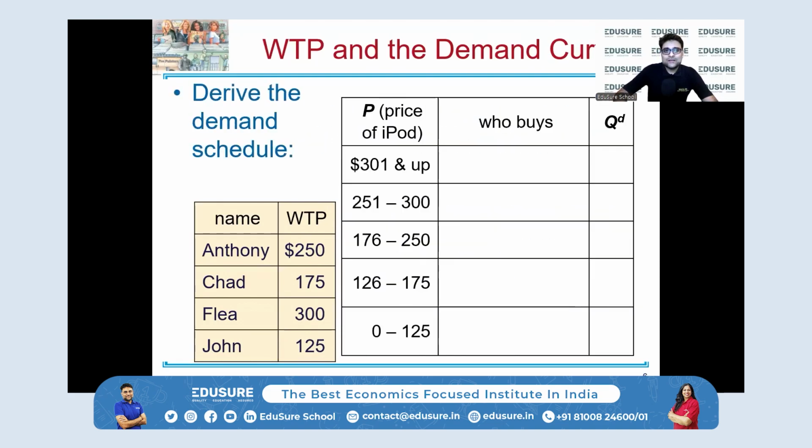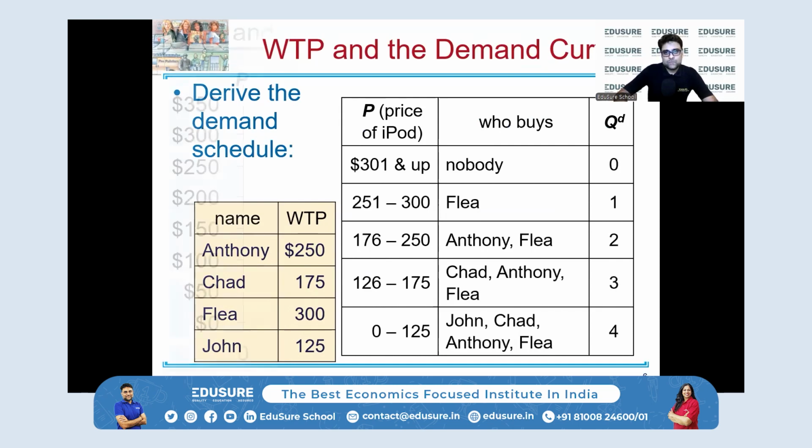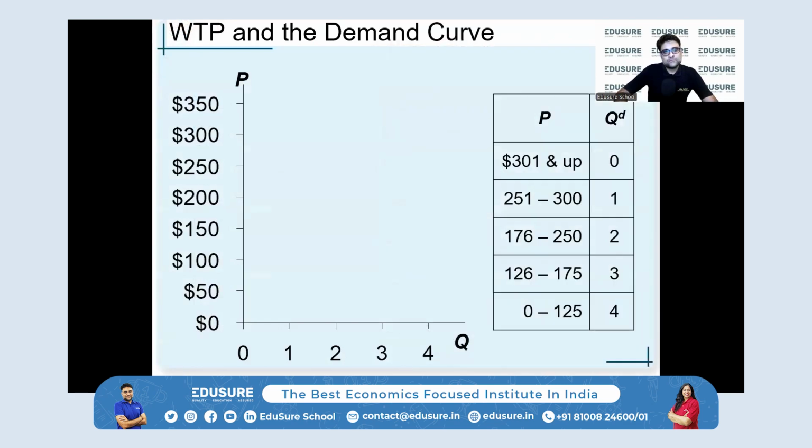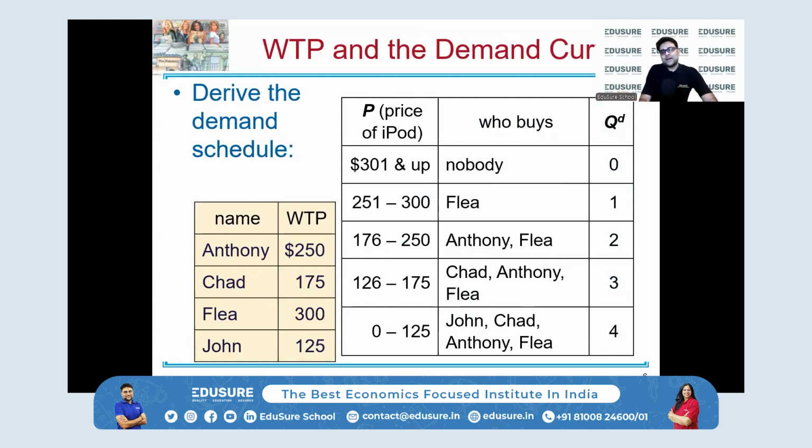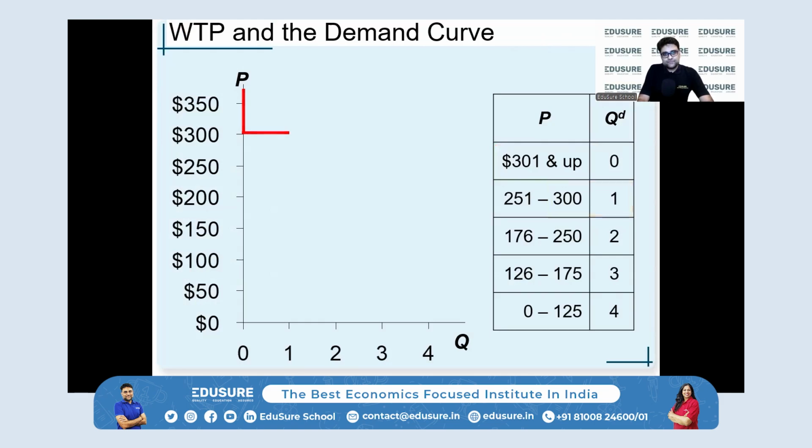So this is another example, willingness to pay and the price. This is an example where I have basically made what is the maximum willing to pay price, and depending on the different levels of prices, who is going to buy.